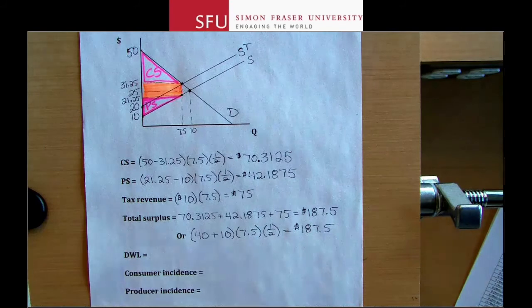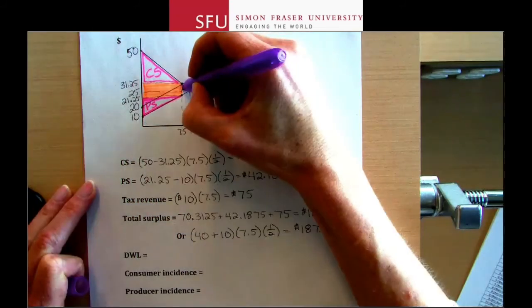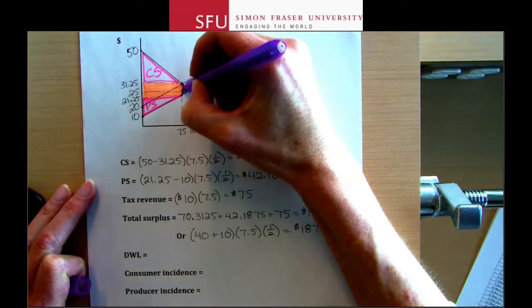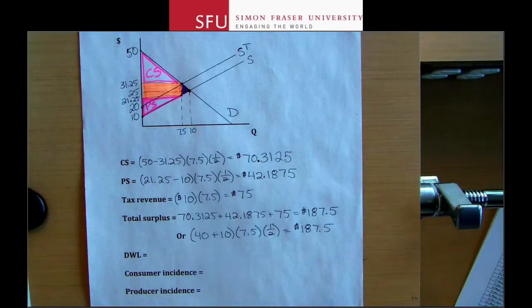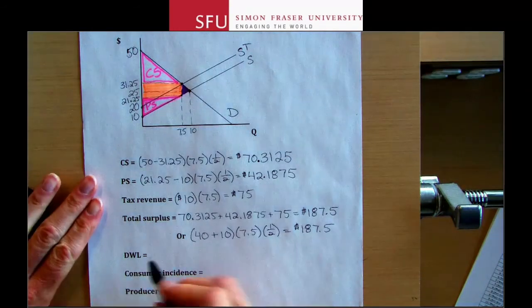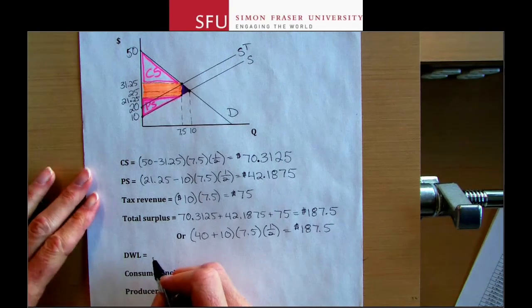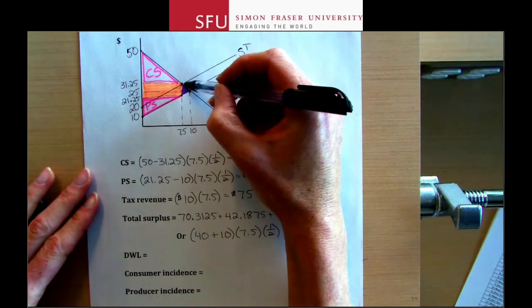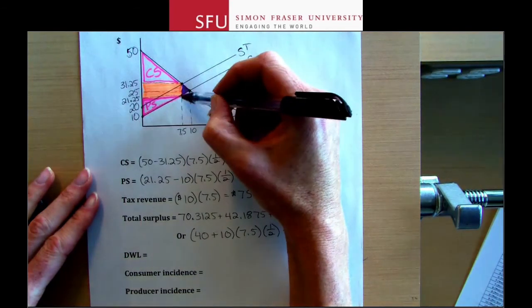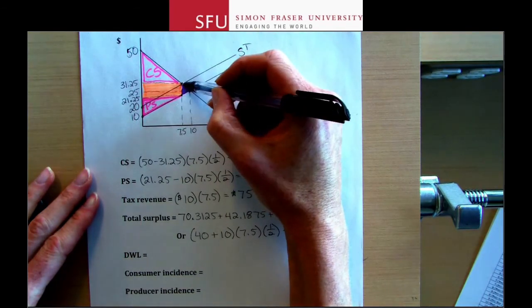All right, deadweight loss. So for deadweight loss, it's the area of the triangle here. Now the height is the tax, right? The height is the tax. It's the difference between this price and this price.